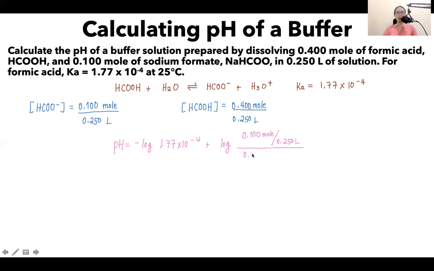So we have 0.400 mole divided by 0.250 liter. Notice we can actually cancel the volume and we are left with the moles. So you can do this if you are given the total volume of the solution. Then computing for the pH of this buffer solution, you will get a value of 3.50.